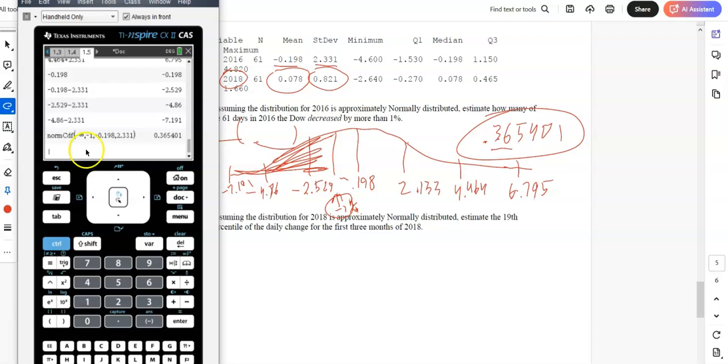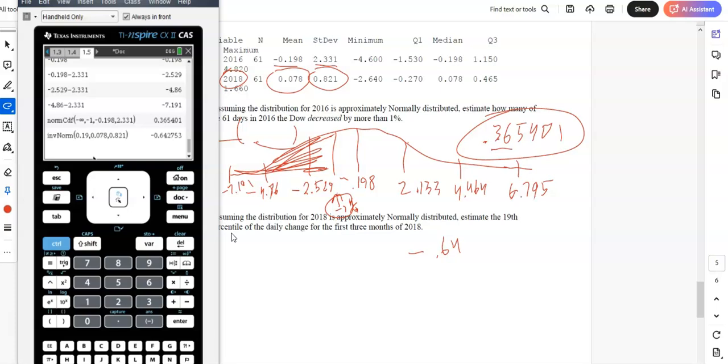So the 19th percentile. So menu 653, 0.19, because that's that, or to the left, that's really nice. Mean is 0.078. Standard deviation is 0.821. Negative 0.64.